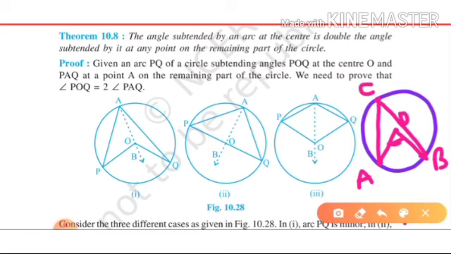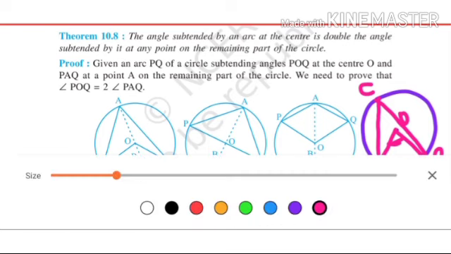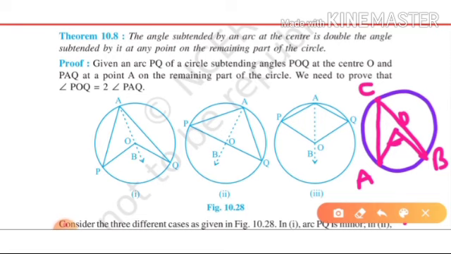The angle created here, if you see, one angle is at the center. AOB is the angle at the center subtended by this arc AB, and ACB is the angle subtended by this arc at the point C on the circle.